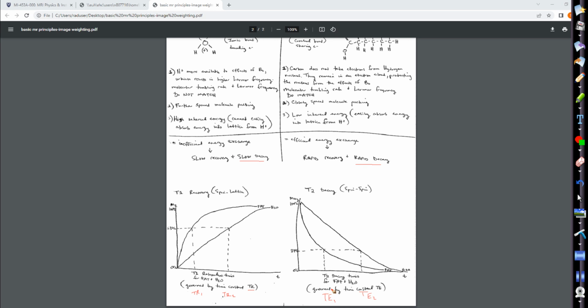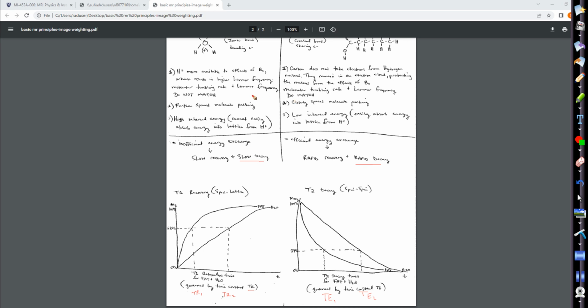And that's a little different than the Larmor frequency matching, because the Larmor frequency matching is talking about the spins precessing. These hydrogen spins don't match up as well as the Larmor frequency of just a normal hydrogen proton.